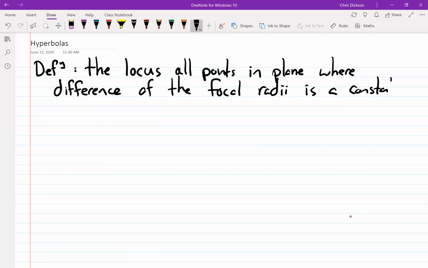So kind of like the ellipse definition, except for now it's looking at difference.